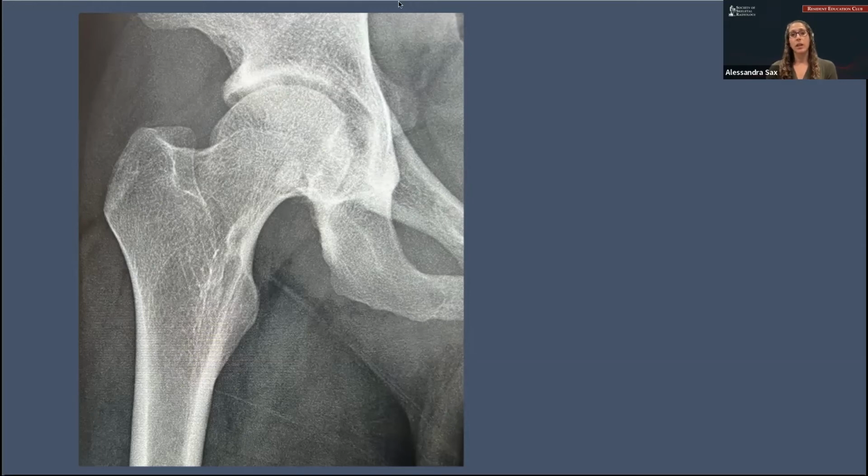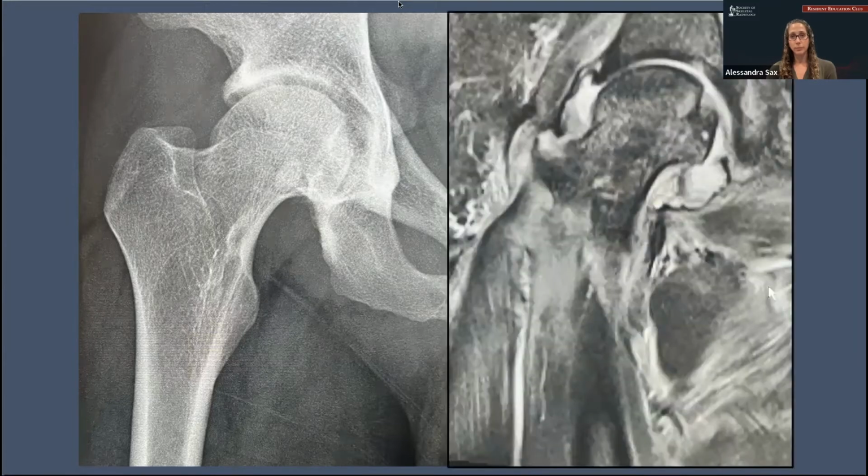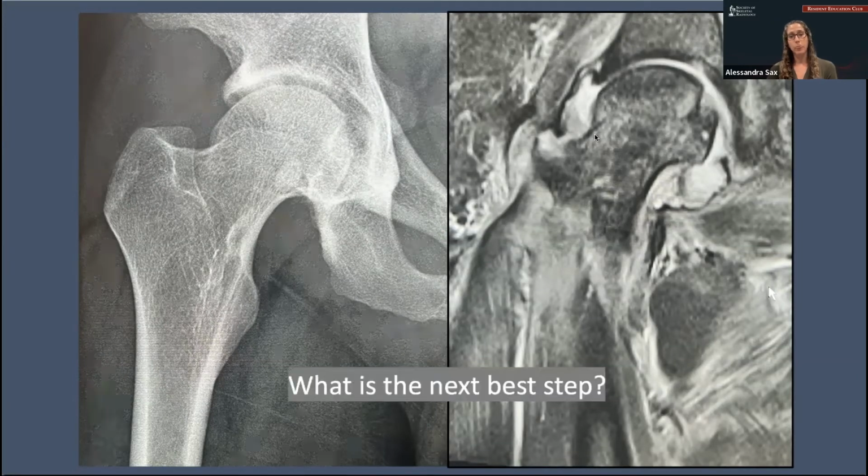And then he went to get an MRI, and it demonstrated these findings here, which show a large joint effusion, surrounding edema, debris in this effusion, and some hyperemia of the femoral head and acetabulum. So what do you guys think we should do first for this case?